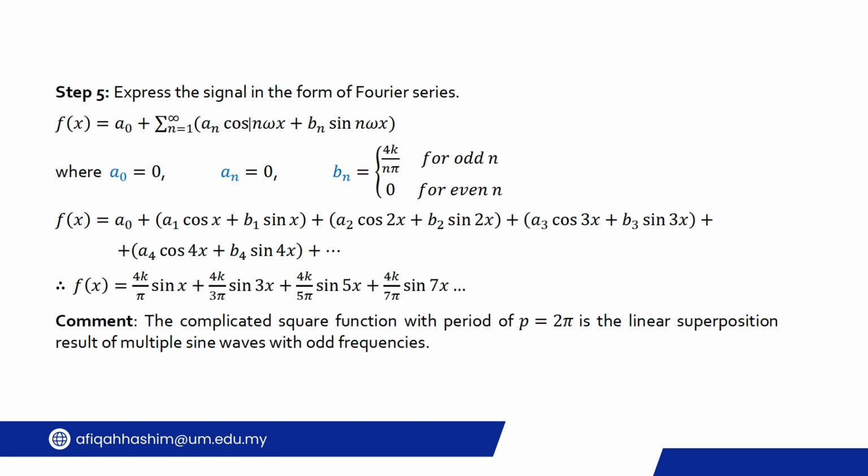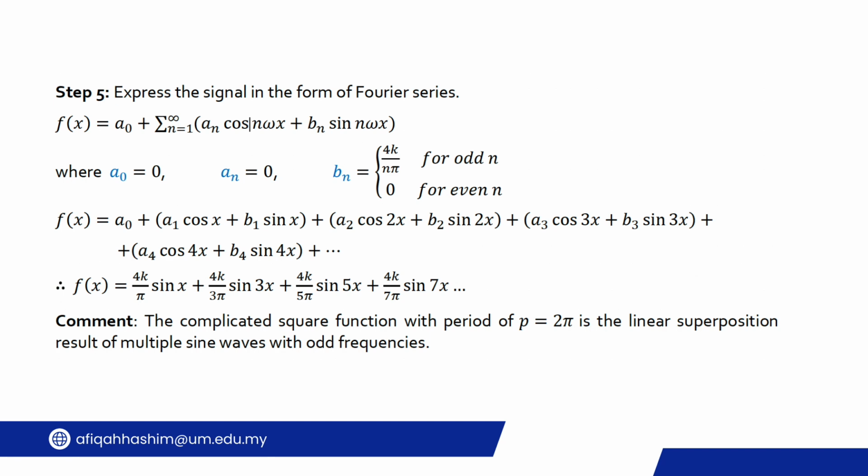We proceed with a4 cos 4x plus b4 sin 4x. Here a4 is equal to 0 because it is cosine, and b4 is equal to 0.